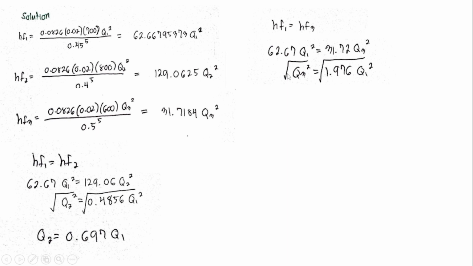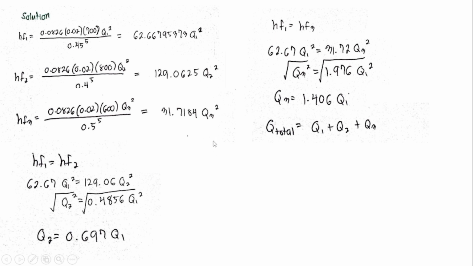And since we are going to find the discharge in pipe 3 in terms of Q1, we need to divide 62.67 over 31.72, which is equal to 1.976 Q1 squared. Take the square root of both sides, so Q3 is equal to 1.406 Q1.